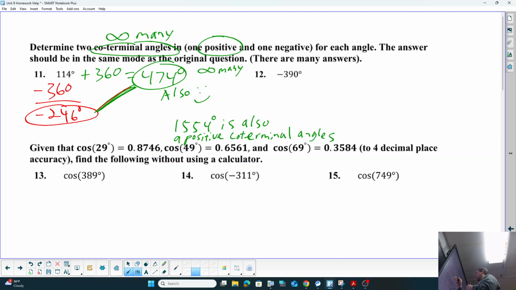Those are our two answers. One is a negative coterminal angle, and the other one is a positive coterminal angle.